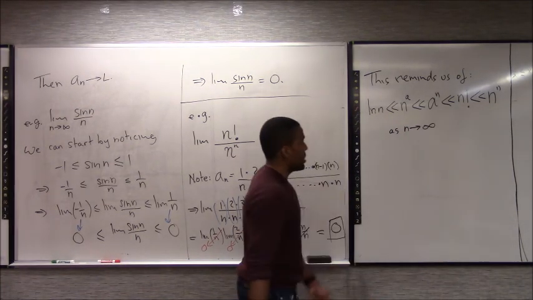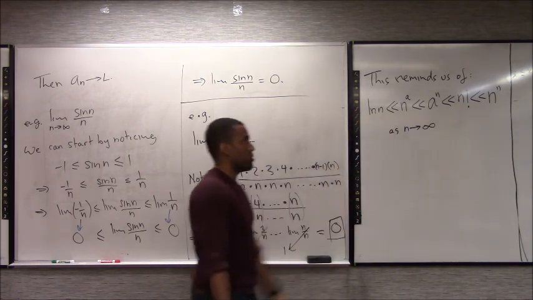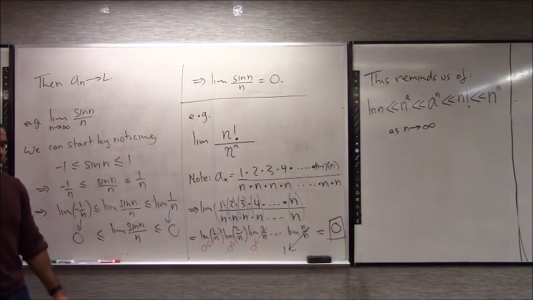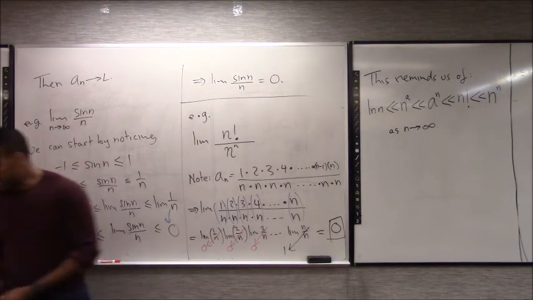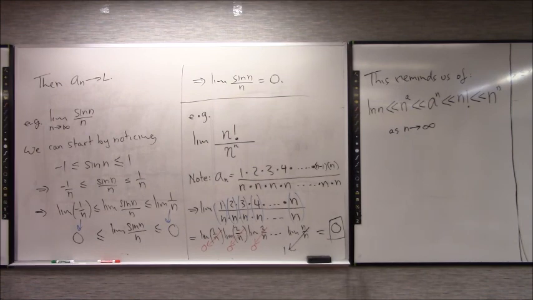So as n approaches infinity, guys on the right are much bigger than guys on the left, to the point where guys on the left might as well be 0, might as well not even try, might as well not even get up in the morning. That's okay. Yeah, it's true. Okay.